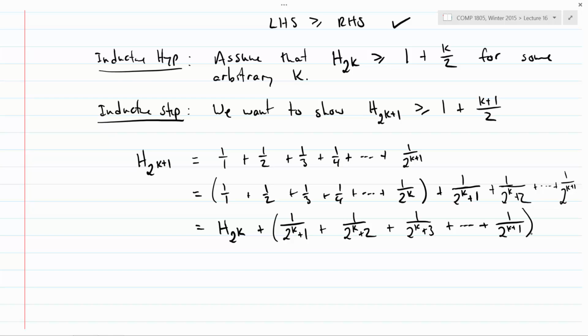Are the number of terms between 2^k and 2^(k+1) finite or infinite? They're finite. It depends on the k, but there's finitely many when k is finite. It's not quite k. Not quite 2 times k. There's a lot of them.